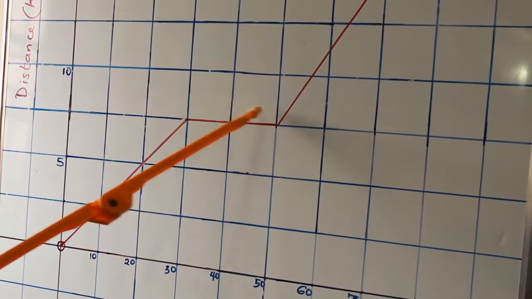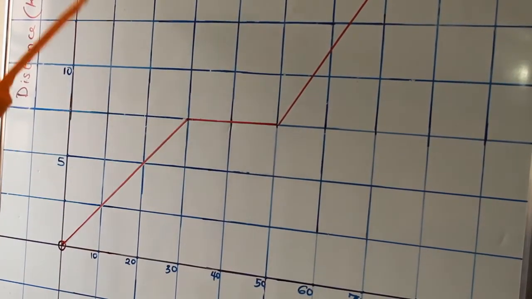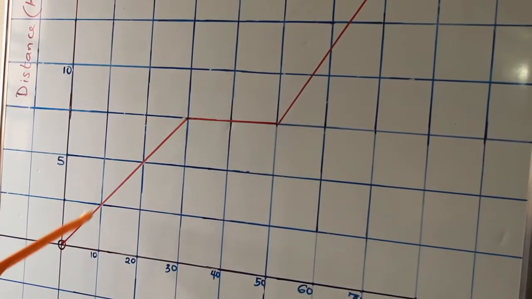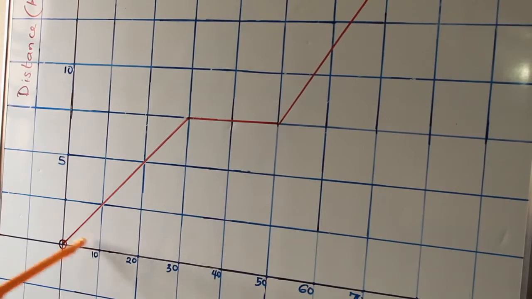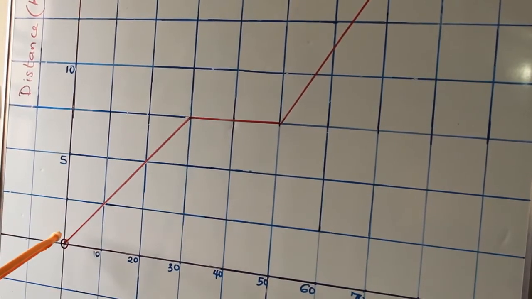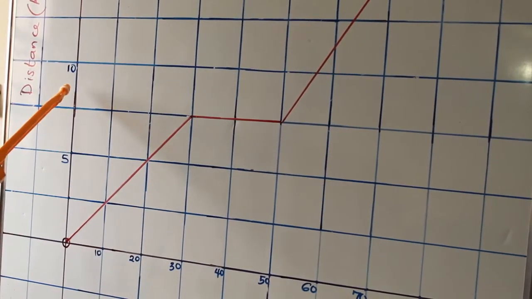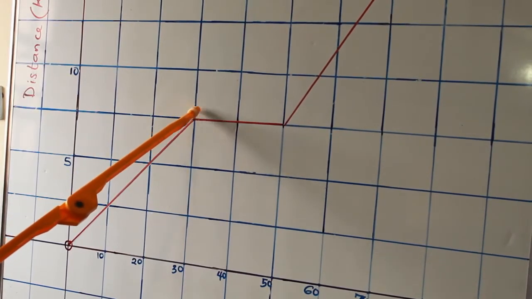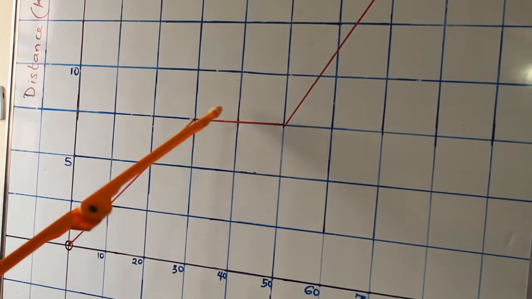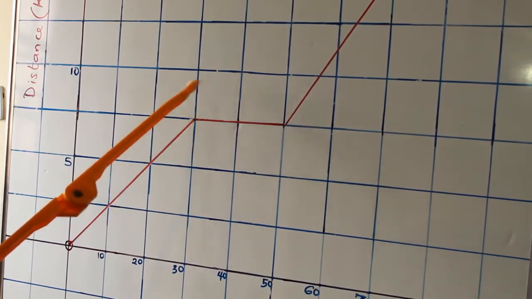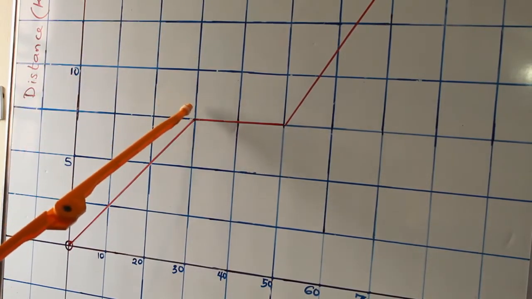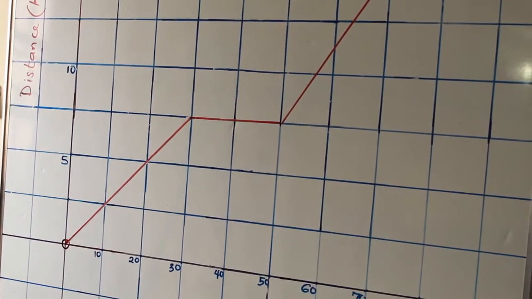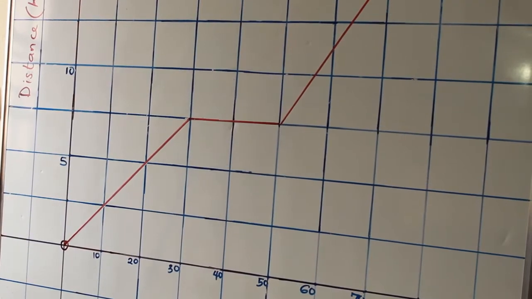From this point to this point, there was no increase in distance. But from this to this, as time was increasing horizontally, distance was also increasing vertically to this point. It stopped here, and time was increasing, but it wasn't increasing in distance. Now, it stopped between this point and this point. I'm going to name the first point, point B.